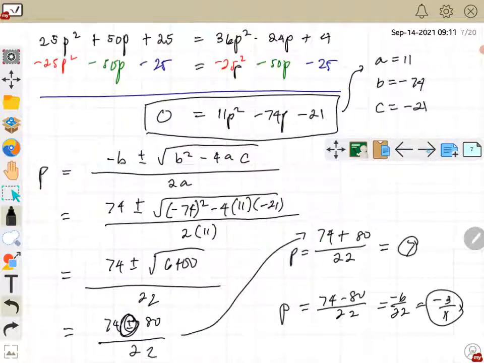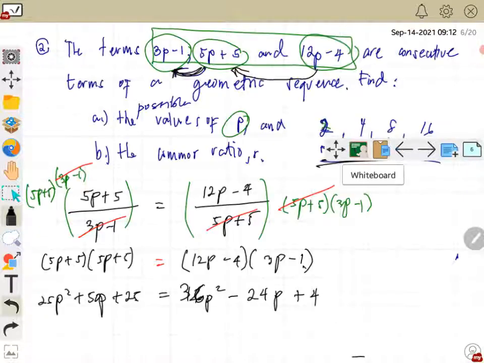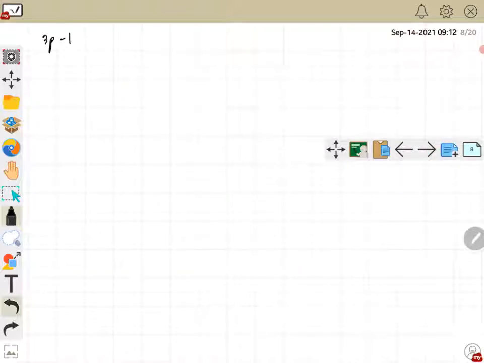We are done looking for the value of p. Now for the common ratio. Let's look here at 3p minus 1, 5p plus 5, and 12p minus 4. Let's try 7 to see if it forms a geometric sequence.